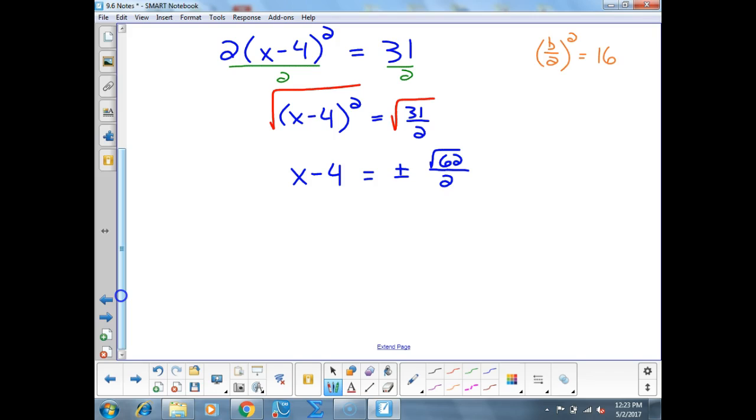Multiply the top and bottom by the square root of 2, rationalizing my denominator. Then what? So I get x equals 8 plus or minus the square root of 62 all over 2.